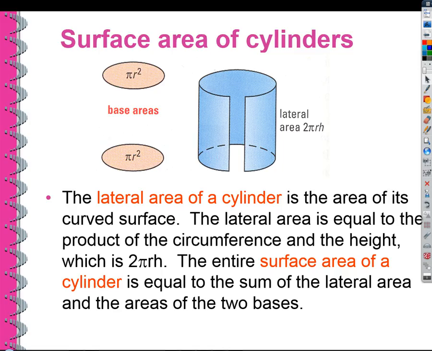Imagine you've got an oatmeal carton. You take the bottom and the top off, and then you cut up the side and unfold it. It becomes a rectangle. So you could times the height by the circumference?